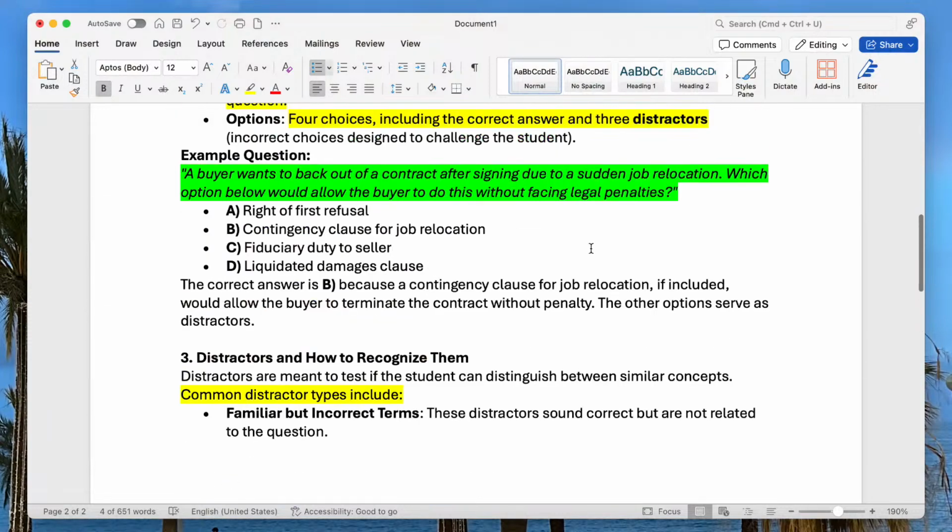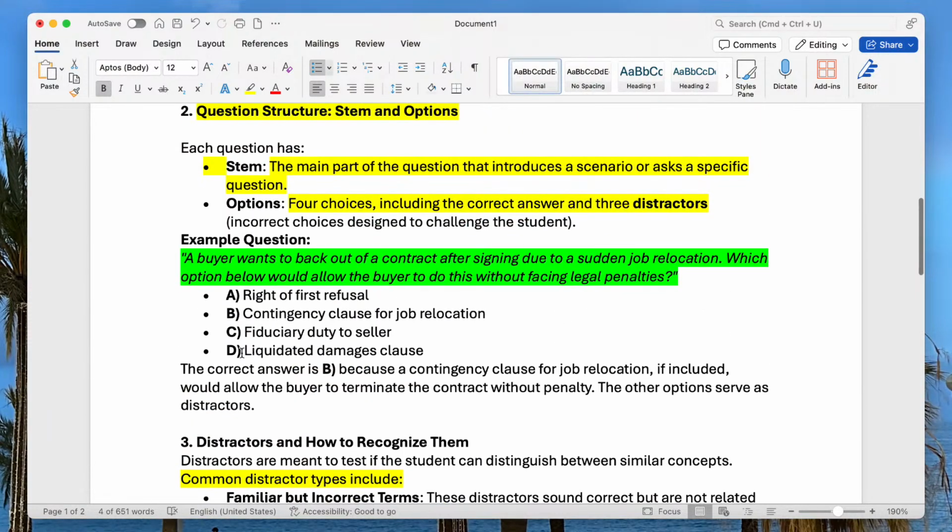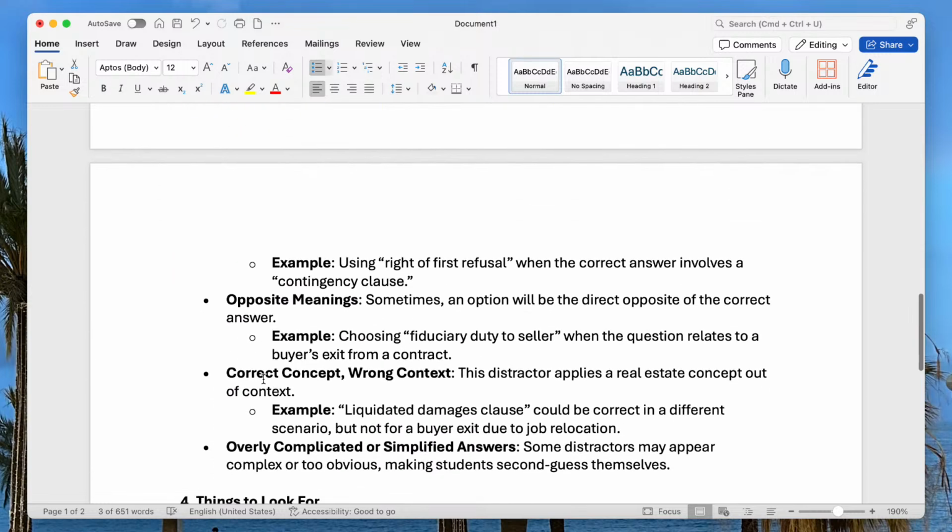This is a great example of where students will try to add too much to the question. The question asks you about someone who wants to drop out due to a sudden job relocation. So which option below? Well, yes, a liquidated damages clause is the correct concept, but it's the wrong context.